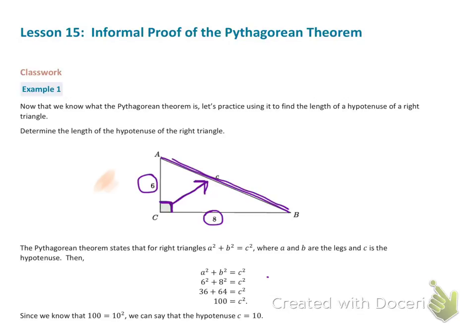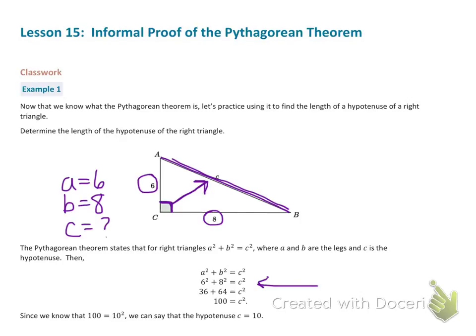We've plugged in a equals 6, b equals 8, and c is the one we don't know. So we end up with this equation when we put that in the Pythagorean theorem. 6 squared plus 8 squared is c squared. 6 squared is 36. 8 squared is 64, which adds up to 100.